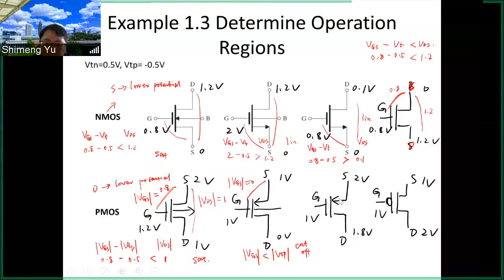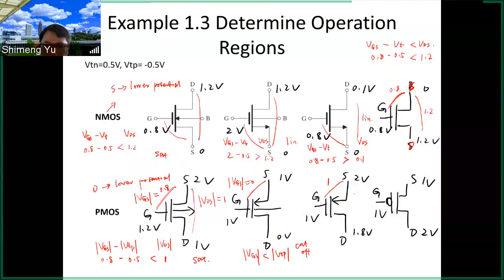And then the third one for the PMOS. Similarly, you check source and drain, whether they are labeled correctly or not. Lower potential drain, higher potential source. That's correct. And then VGS, the difference is 1.